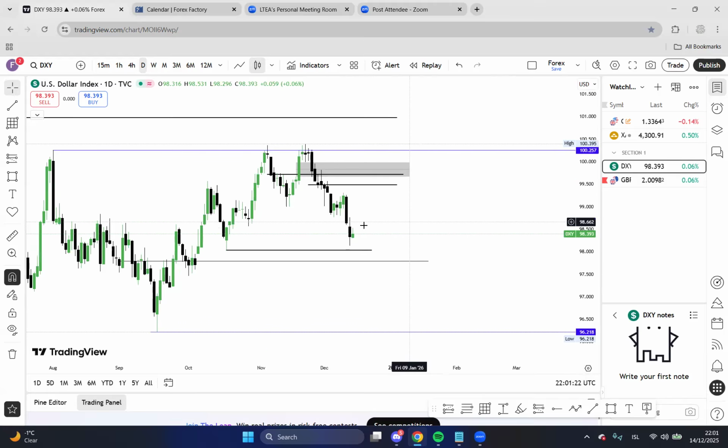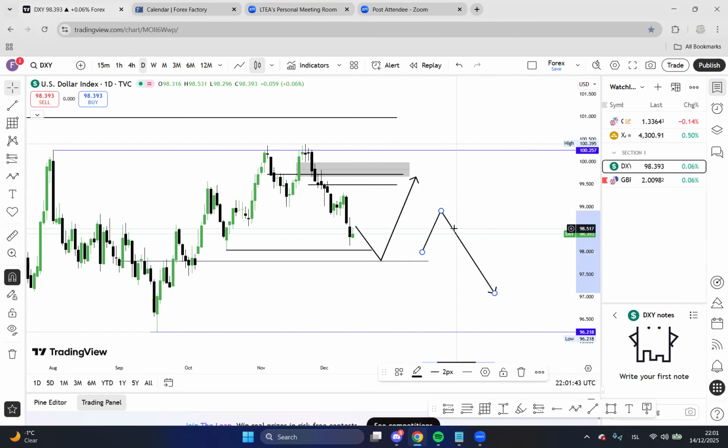So which means if we're expecting a down move a little bit, what does that tell you? GU and gold may be buying for a little bit before selling. If it's going to do like this before buying, it means GU is going to go like this before selling, basically.